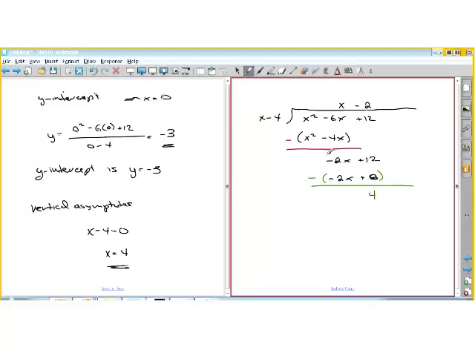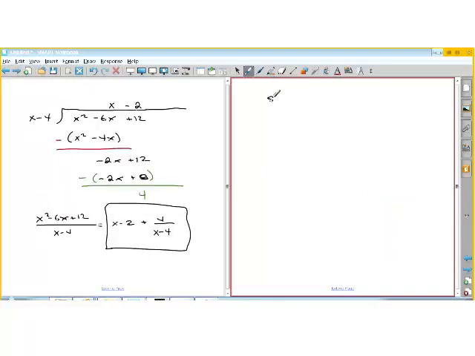So the original expression, which was x squared minus 6x plus 12 over x minus 4, becomes x minus 2 plus 4 divided by the original denominator. So that is my same equation. So the slant part of it, the slant equation, is just the first two terms.